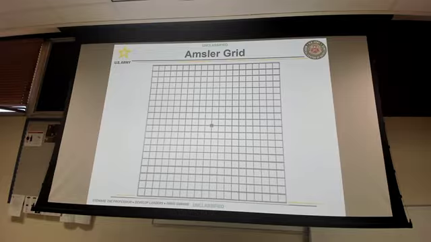All right, while looking at that center dot, can you see all 4 corners of that grid? Because if you don't tell them to look at that fixation target, they're going to scan and look for those 4 corners. Same thing, looking at that center dot, do all the lines look straight? And then again, looking at that center dot, any parts of the grid missing? We'll hand them the pencil, they'll mark it, and then we'll scan that into their medical records.